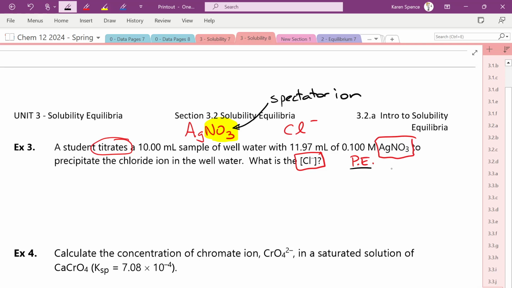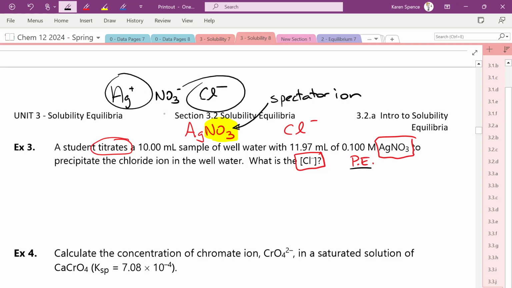You don't have very many choices, do you? You have three ions. You have Ag plus, you have NO3 minus, and you have Cl minus. Who's going to be the solid? Ag and Cl, because NO3 is soluble with everything.